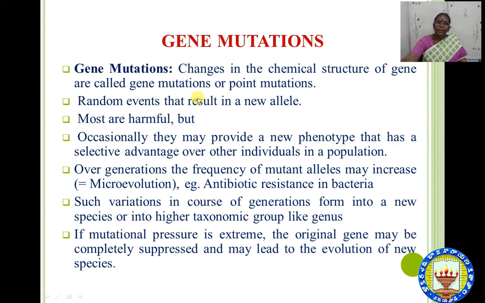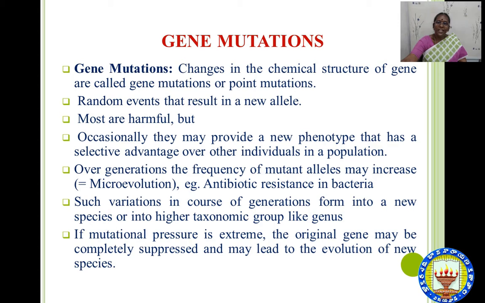Changes in the chemical structure of a gene are called gene mutations or point mutations. Most of these gene mutations are harmful, but occasionally they may provide a new phenotype that has a selective advantage over other individuals in a population.